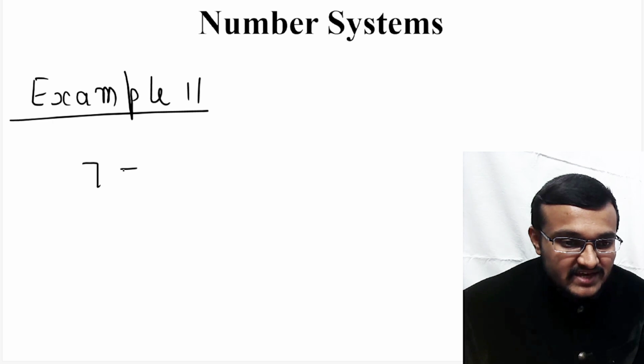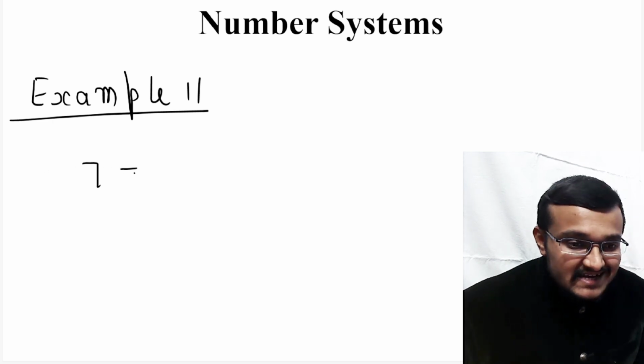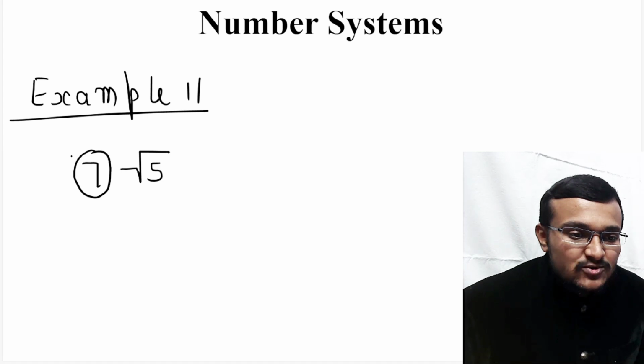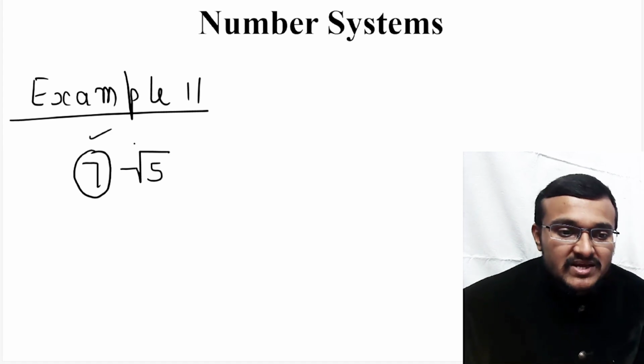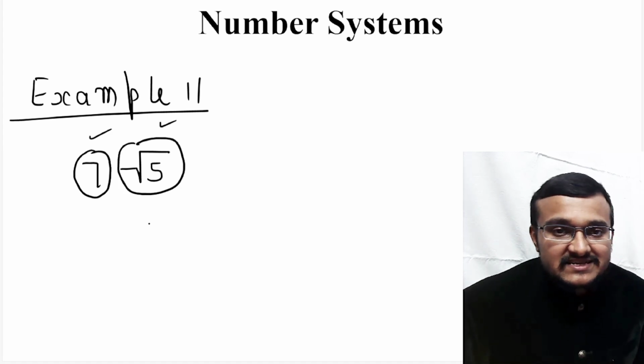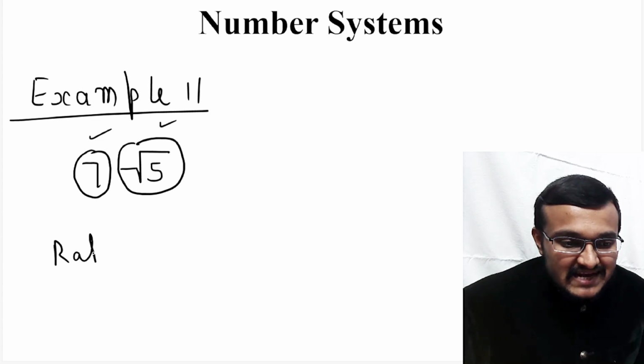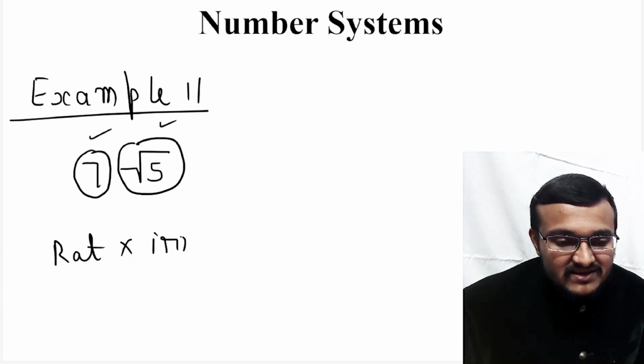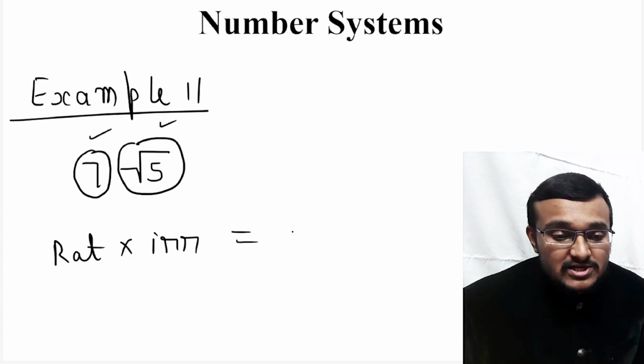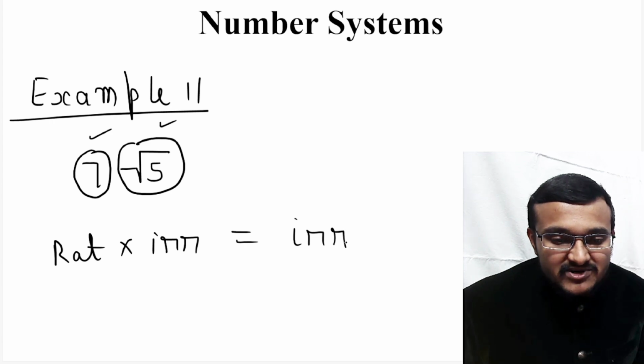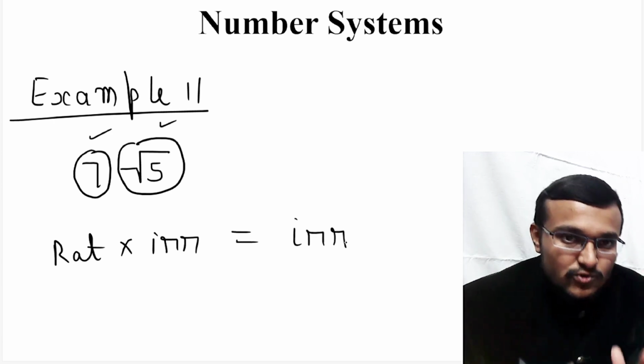Here clearly you can see there is a rational number and an irrational number. So this is a rational number multiplied with an irrational number. So always when you multiply a rational number with an irrational number, you will get an irrational number only.